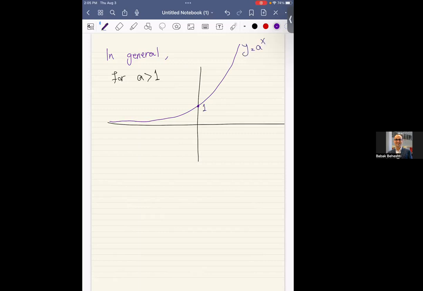But the interesting thing is that for all of them, the y-intercept is (0, 1). And for a less than 1, so for a number between 0 and 1, the graph looks like this.